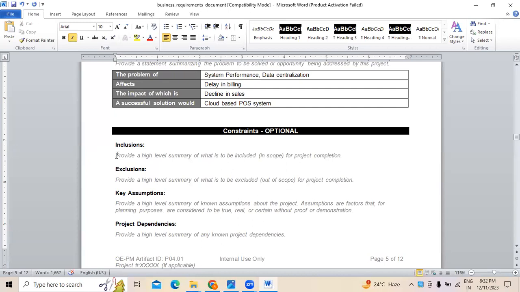Now, what is meant by exclusion? Exclusion is what is not in our control. For example, if there is any deviation in requirements. Let's say we have started the project, and in between, the customer has changed some requirements for some reason. What will happen now? Whatever scope we have identified, the project will be deviated.